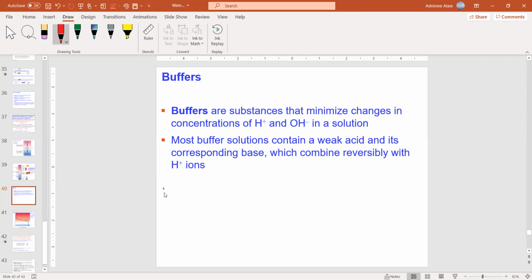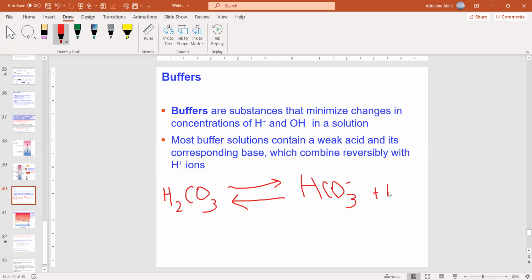So we have the weak acid, H2CO3, and this is carbonic acid. And this is what it dissociates into: HCO3 minus plus a proton.